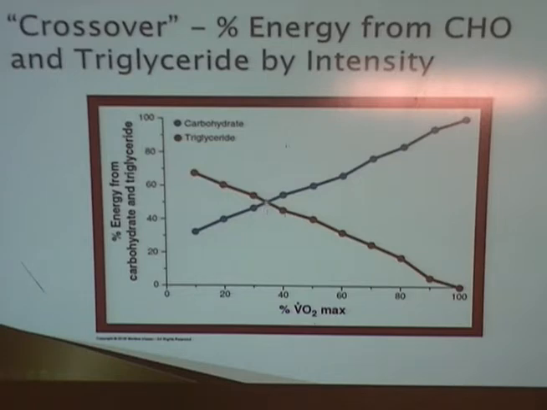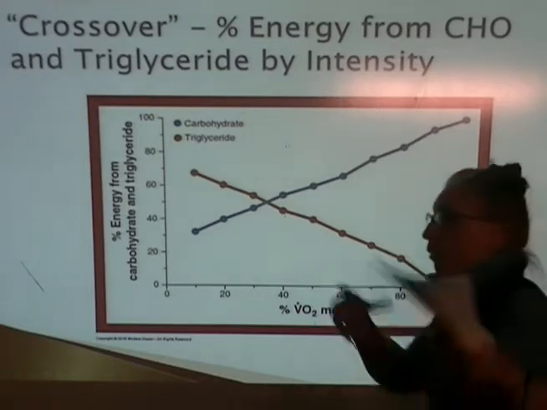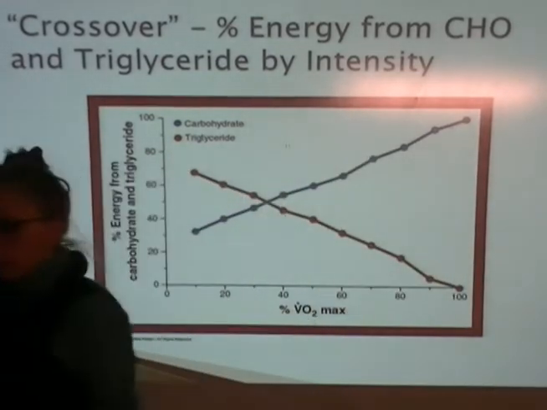So we get this crossover, about 35%. Doesn't mean I'm not using fat. So up until sort of 60% or so, fat is still playing quite a large role, right? It's when we get into those really high intensities that we see we're not using very much fat at all, and it's almost all carbohydrate. So this is one of the things I see down in the Max Pack when people are on campus, right?